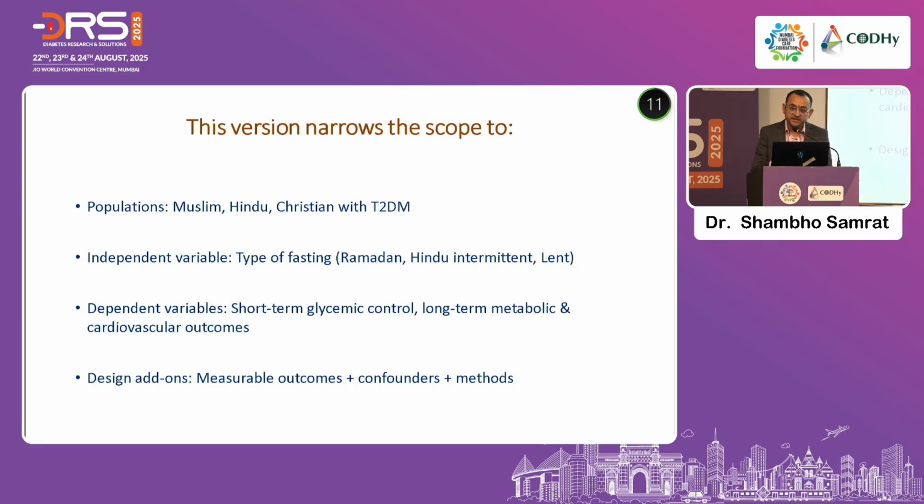What are the dependent variables? Like outcomes of short-term glycemic control, long-term metabolic or cardiovascular outcome, that also we had mentioned. And also we told it to design certain add-ons like measurable outcomes with confounders and specific methods.